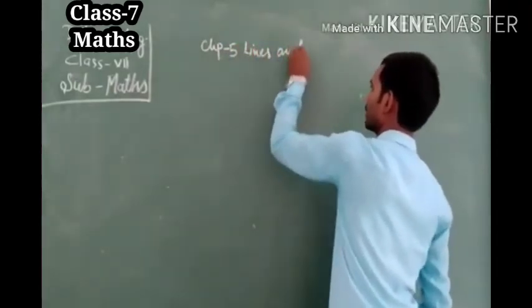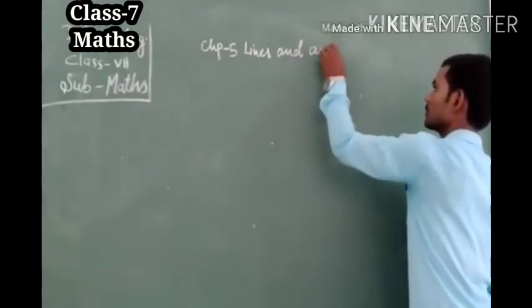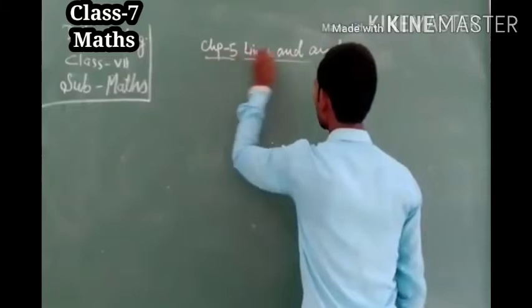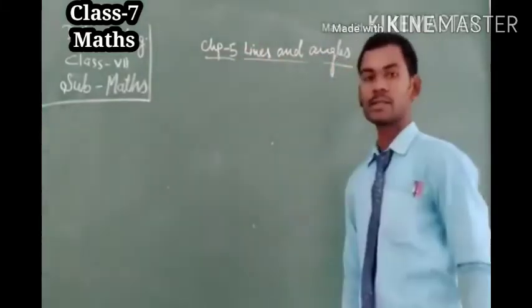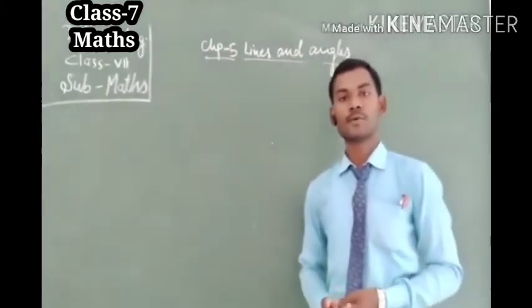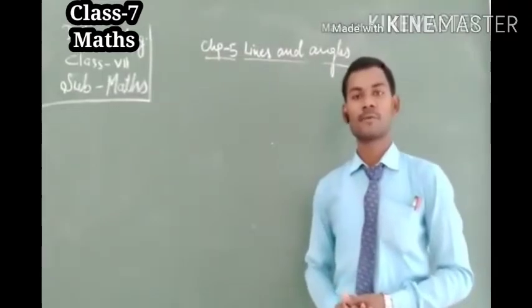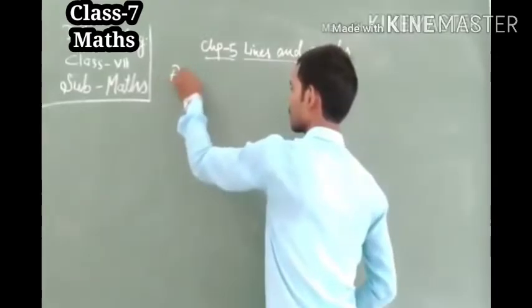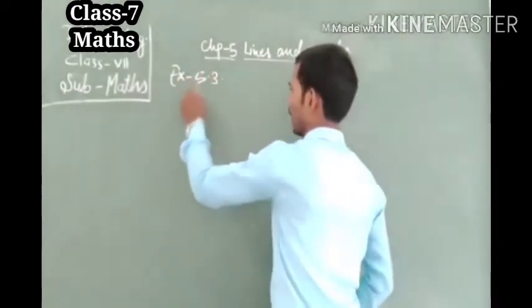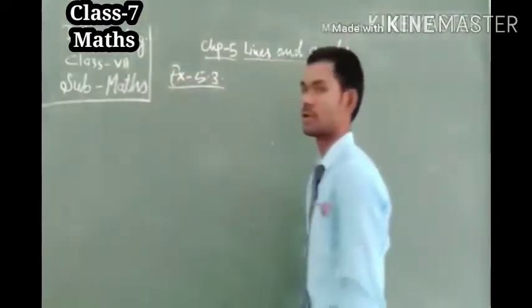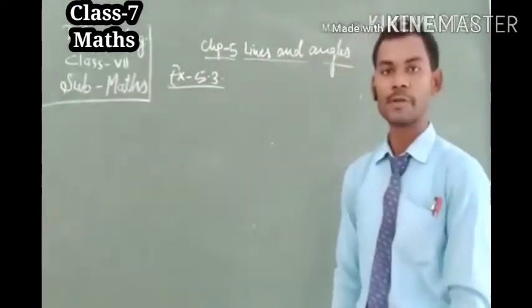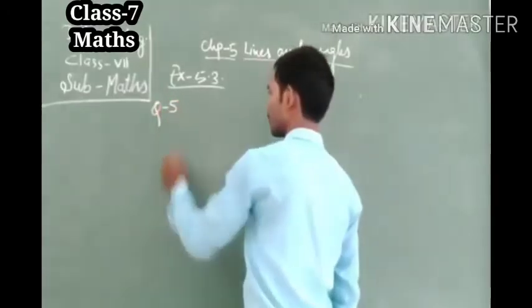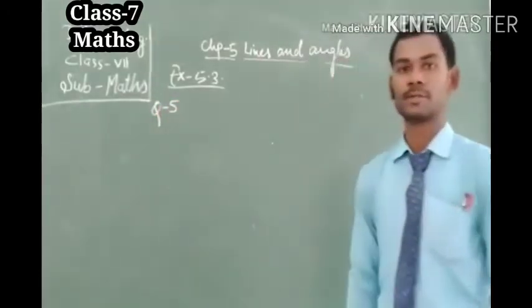In this chapter today we shall discuss the questions from exercise 5.3. In exercise 5.3, we will first solve question number 5. So let us see what the question is.